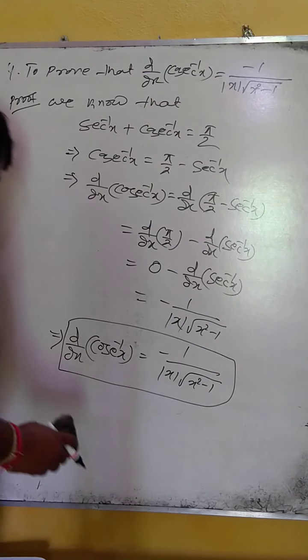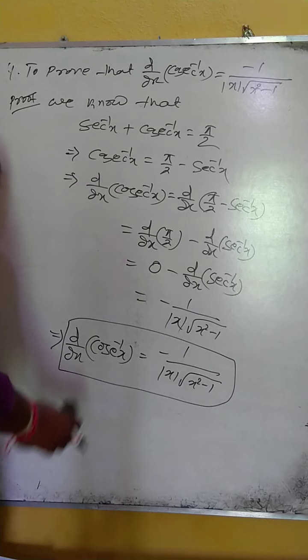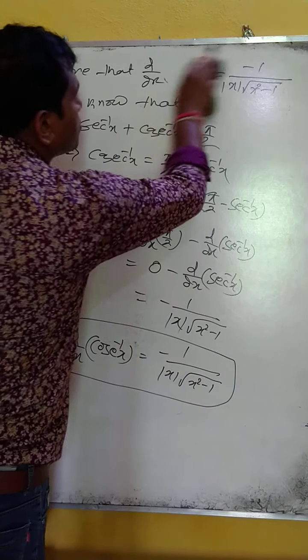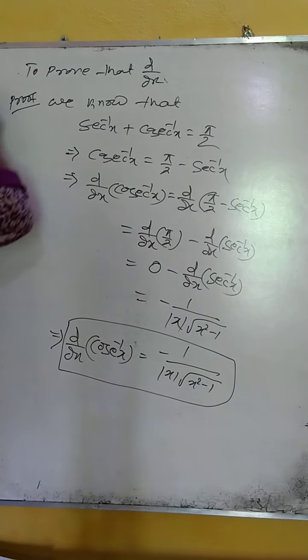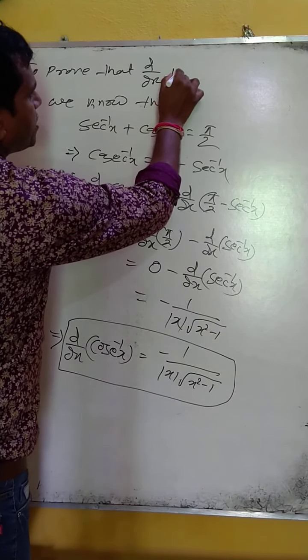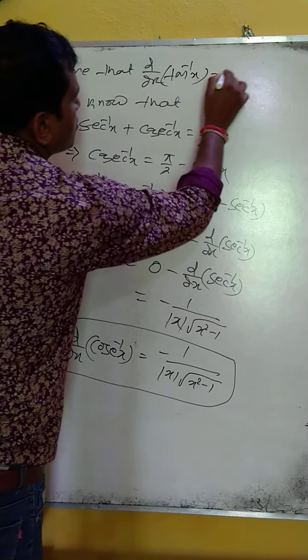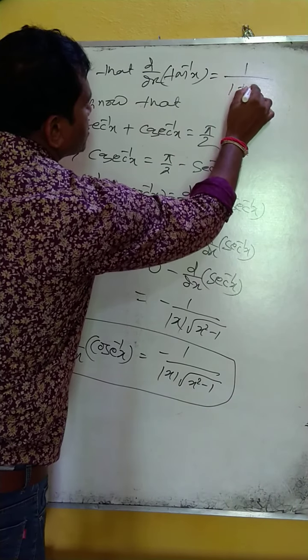Now we find the derivative of tan inverse x. To prove that d by dx of tan inverse x is equal to 1 by 1 plus x square.